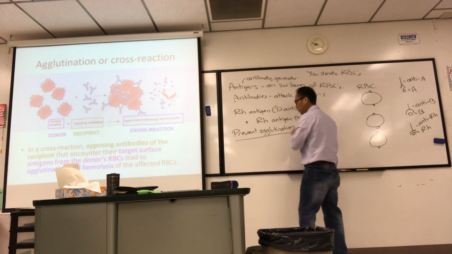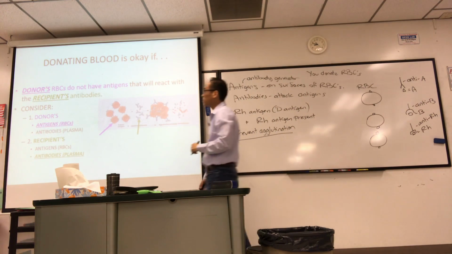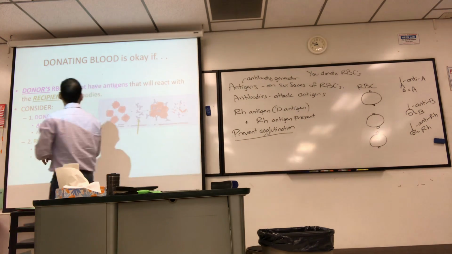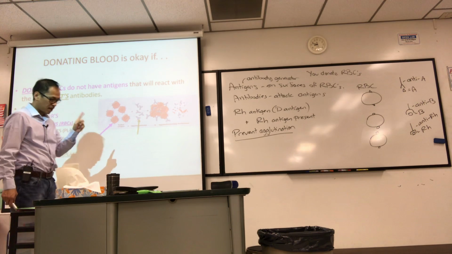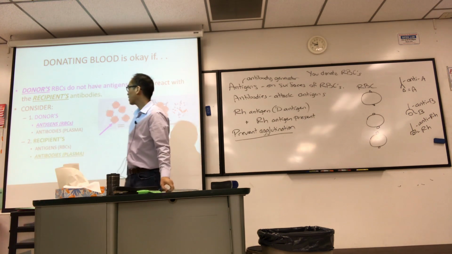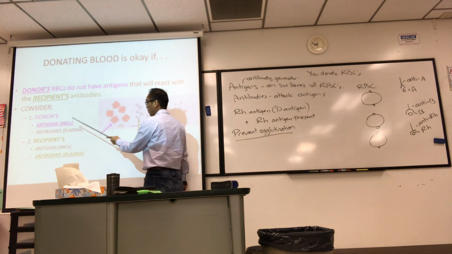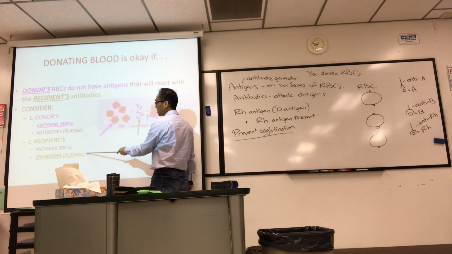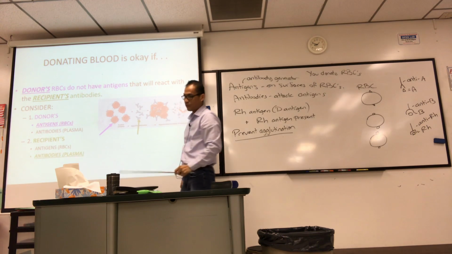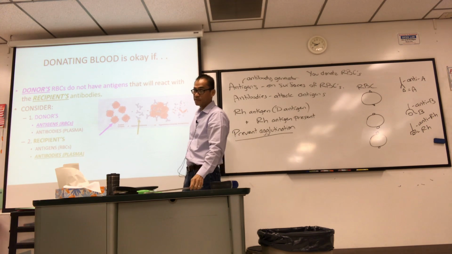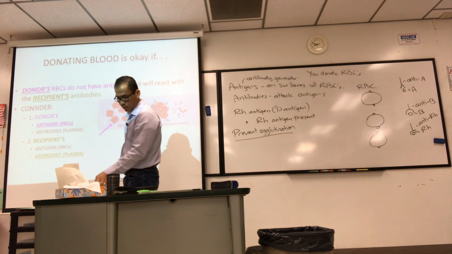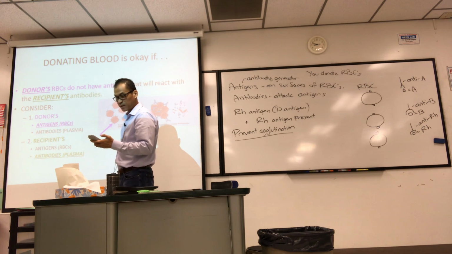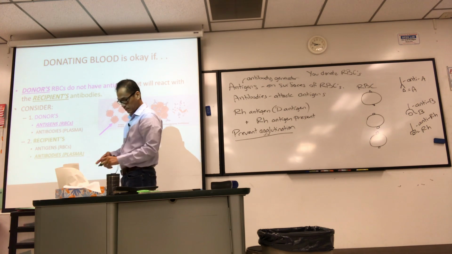That's the whole goal of typing and figuring it out. Donating blood is okay if you consider the donor's antigens and the recipient's antibodies. Before you can do that, we should go through all the blood types and hammer out the antigens and the antibodies that they would have.